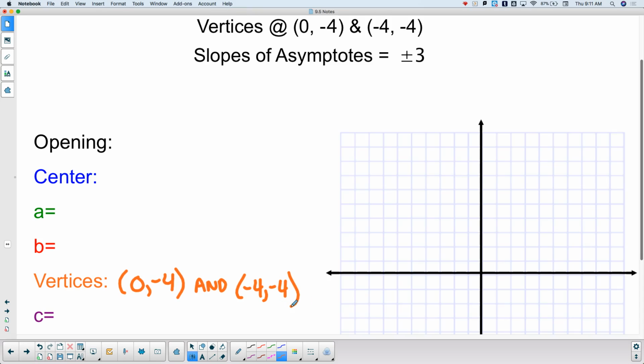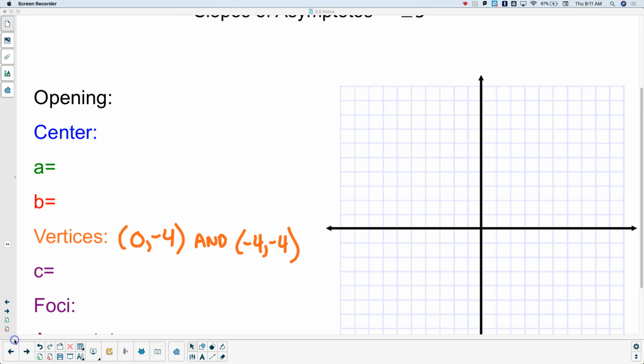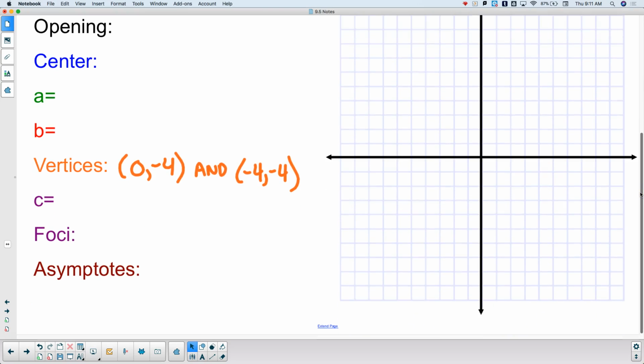So we could put those on our graph. (0, -4) is 1, 2, 3, and 4. Oh, wait, tap the brakes. Now we got a properly aligned graph. So we've got a vertex at (0, -4) and at (-4, -4). Okay?